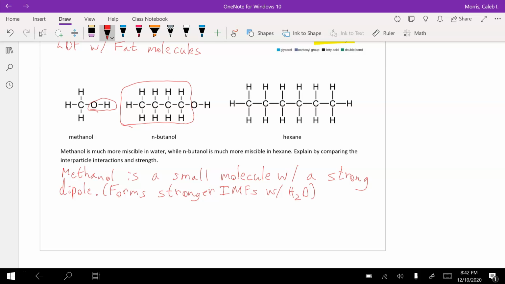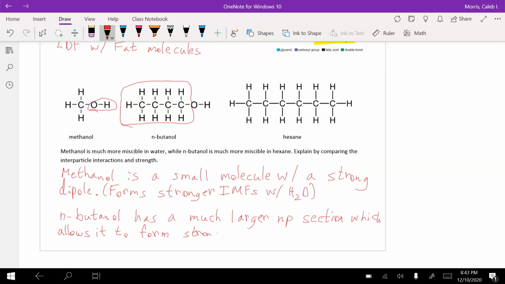But if we look at N-butanol, it has a much larger nonpolar section, which allows it to form strong LDF, London dispersion forces, with hexane.